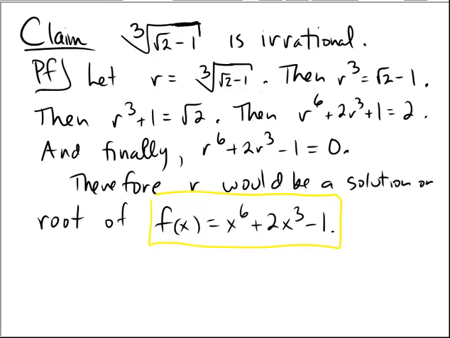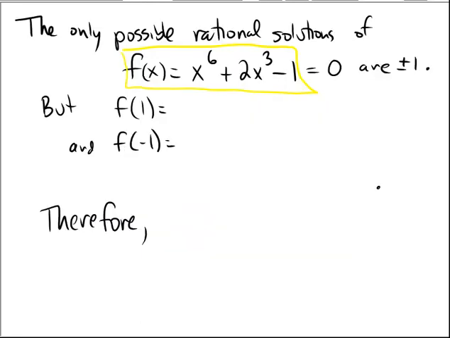Okay, so now let's look at that polynomial more specifically. The only possible rational solutions of x to the 6th plus 2x cubed minus 1 equals 0 are plus and minus 1.